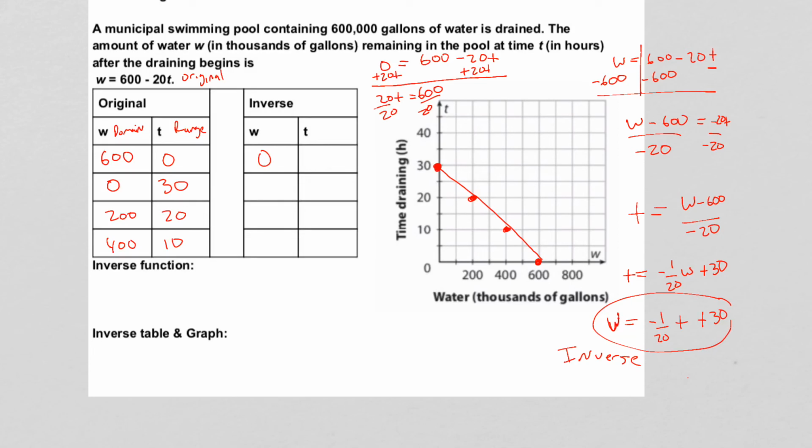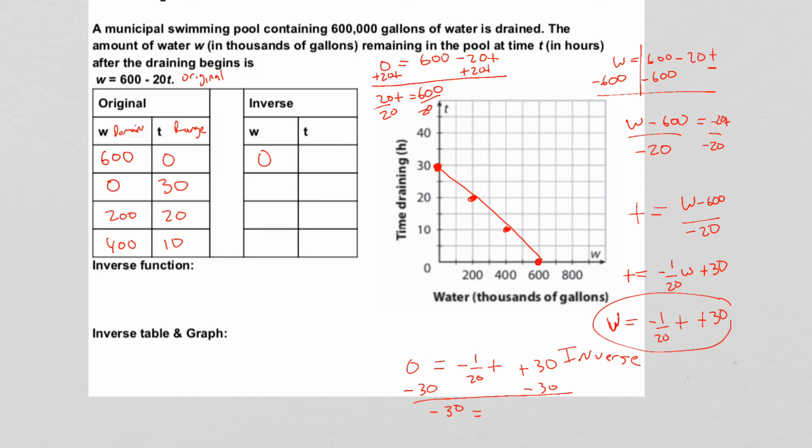So what happens when w is 0? Let's find out. 0 is equal to negative 1 over 20 t plus 30. So I'm going to subtract 30 from both sides. You're going to get negative 30.